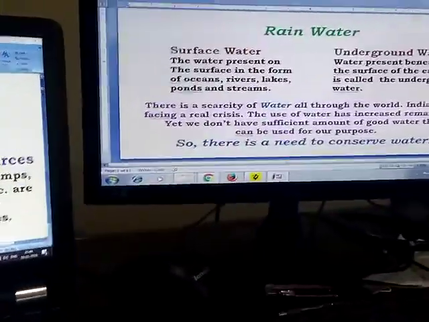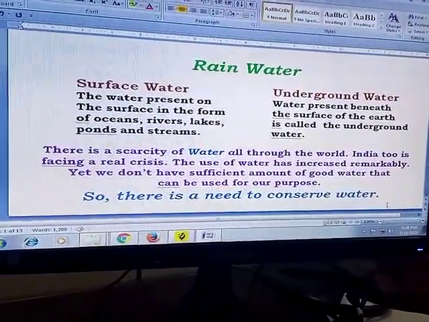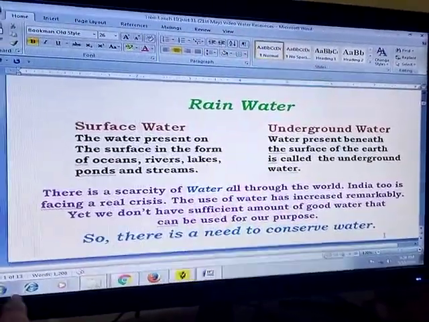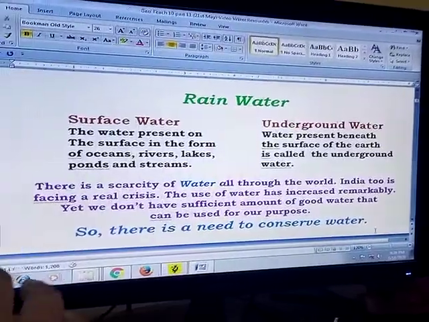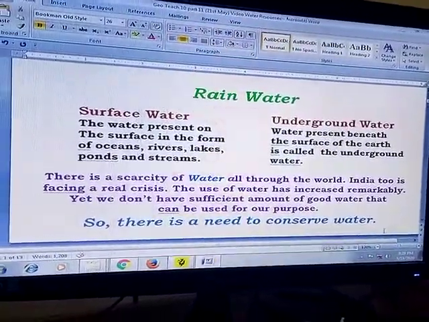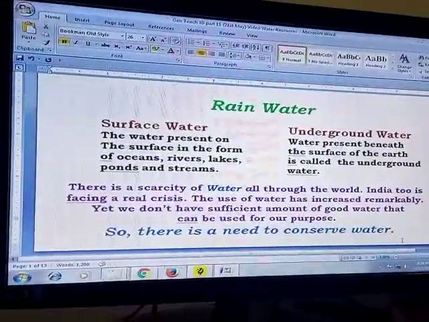Now, our main source of water on earth is the rainwater. Now, when the rain falls, the rainwater gets stored in two ways.